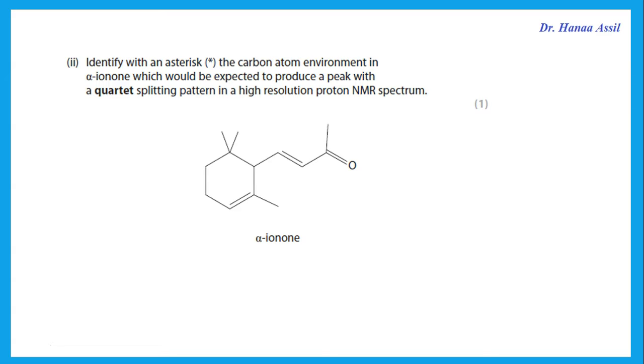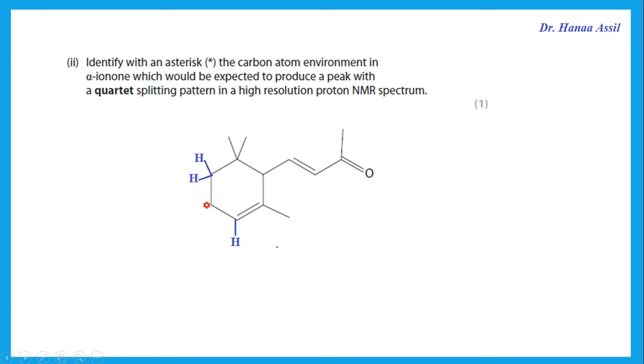Of course, to be a quartet, that means the neighboring carbons have a total of 3 hydrogens. So where do we have that? If you look at this carbon, we have on one side 1 hydrogen and on the other side 2 hydrogens. So that proton on that carbon that we have an asterisk on would be a quartet.